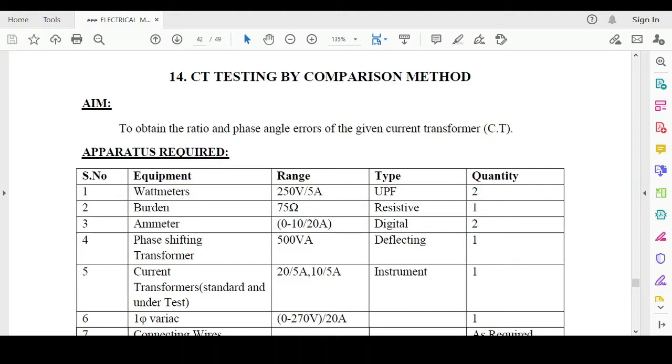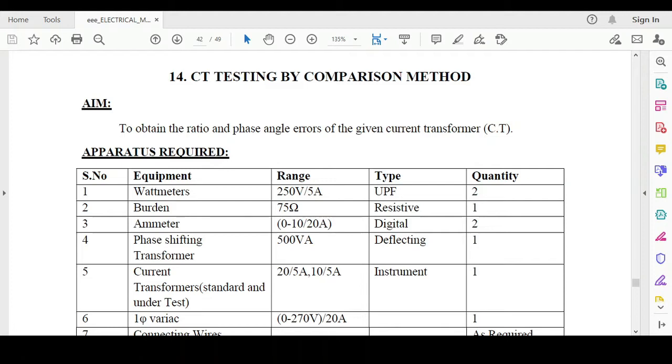Okay, so for that we need a test transformer to perform the test, and we need a standard transformer to compare the results of our test transformer. For that we are going to need two wattmeters to measure the power, and burden, meaning load on the CT, which is of resistive type, and an ammeter, which is used to measure the current, and a phase shifting transformer to shift the phase of source voltage and current, and a current transformer, which is of standard and under test.